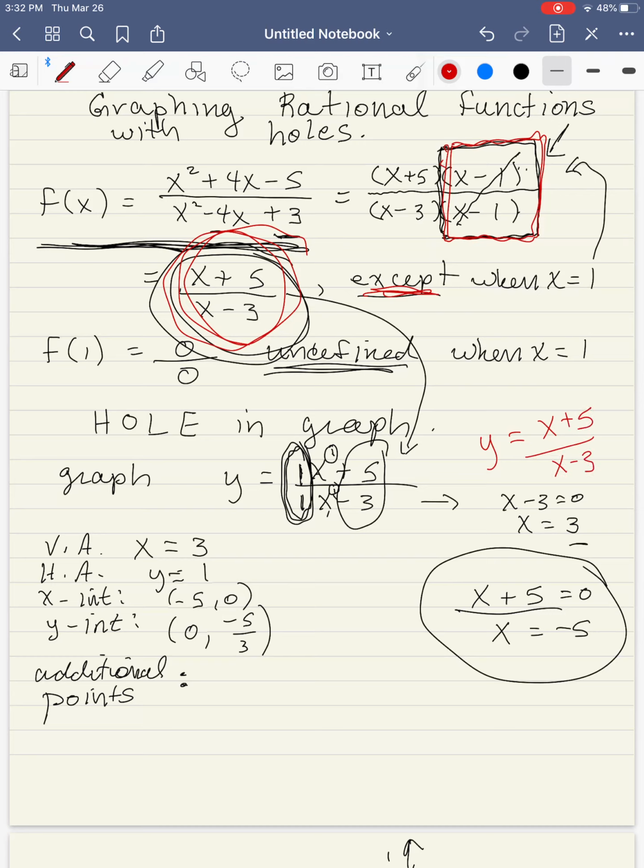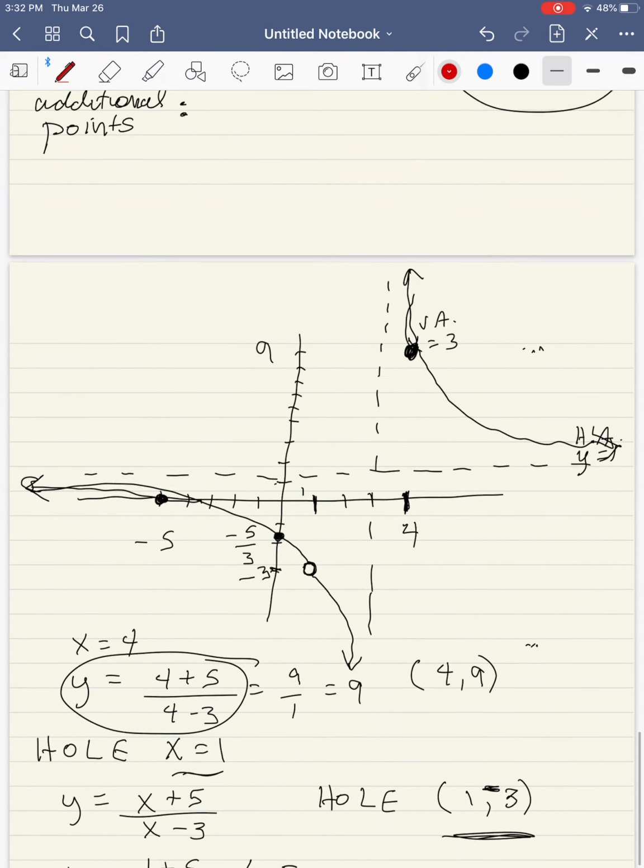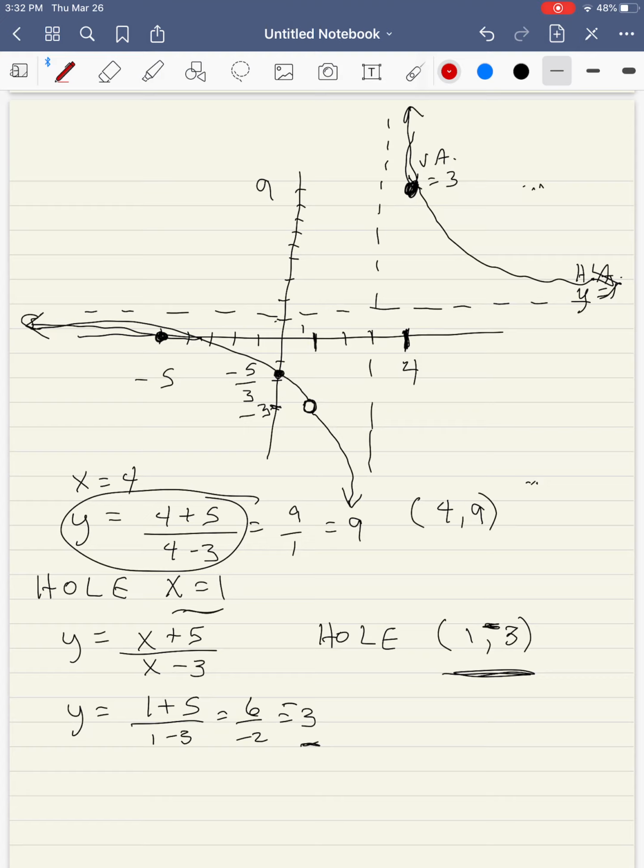Now this one turned out to be a rational function. It could be a line. If the denominator completely cancels, you could have a linear function, and you can just graph the linear function using those methods. But this one is still a rational function. So we find the vertical, horizontal asymptotes, xy intercepts, additional points, etc. Graph it just the way we normally would, except for the hole.